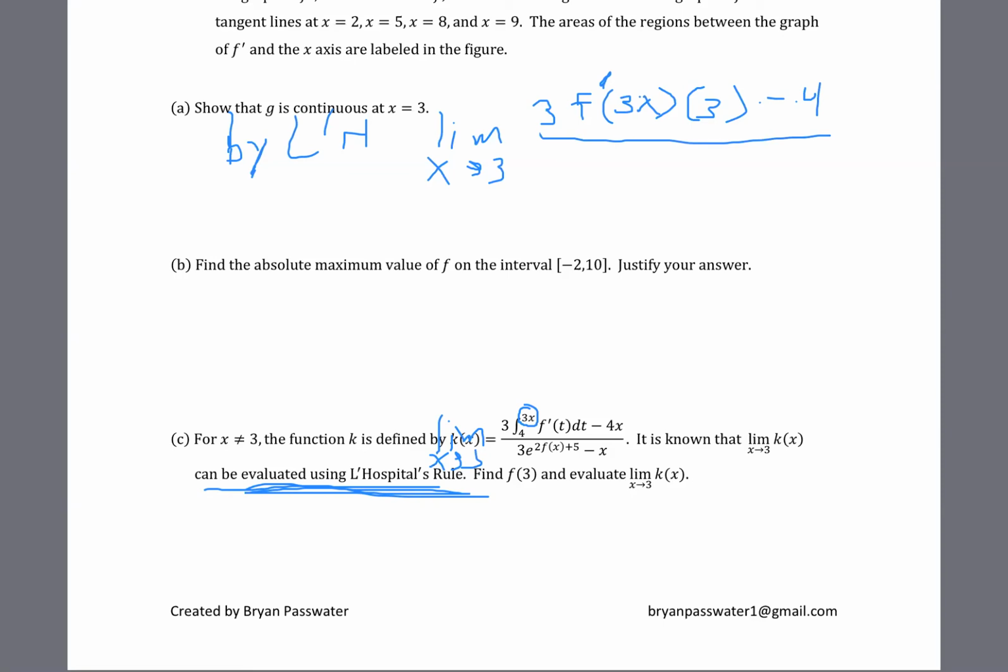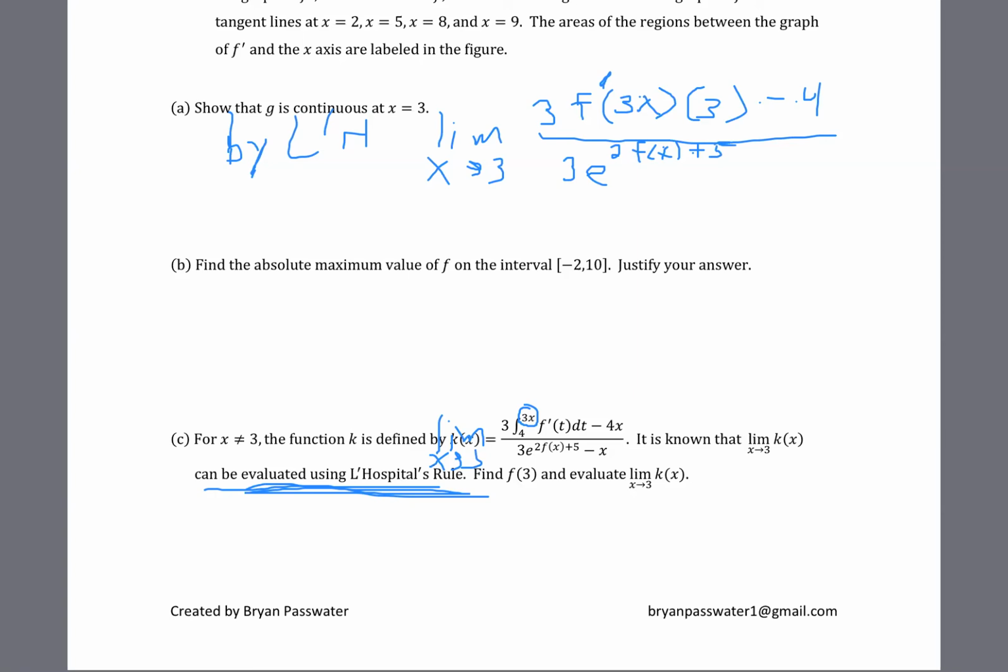And then you do the derivative of the bottom part all by itself. Hopefully you remember that when you have an e to a power, the derivative is exactly the same thing, e to the power. So your coefficient 3 stays the same, so you get 2f of x plus 5, and then you take that times the derivative of the exponent.